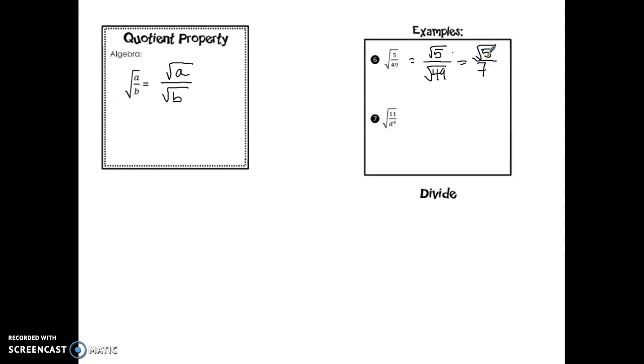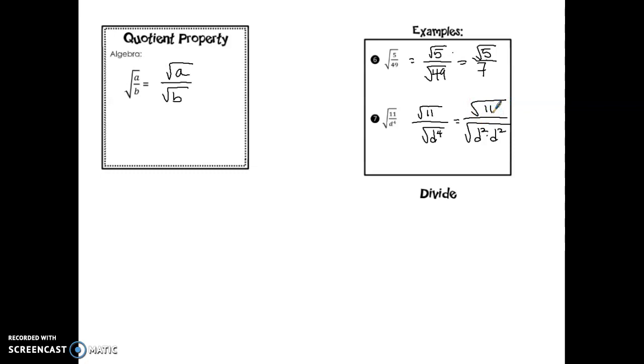The next example, when I have the root of 11 over d to the 4th, it is the same as taking the square root of 11 and dividing it by the square root of d to the power of 4. We need to think about perfect squares, so that means if there's something I multiplied by itself to get there, it is a perfect square. Well, the root of 11 is an irrational number.